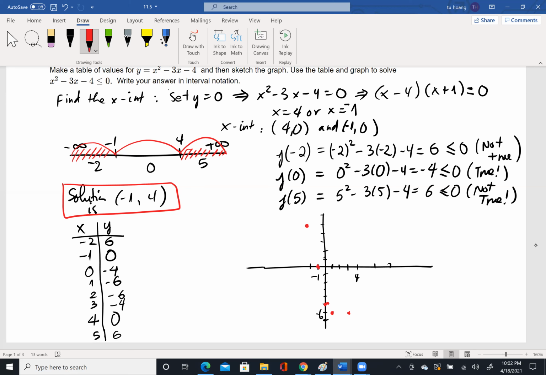The vertex should be somewhere over here, but I can't go ahead and draw it exactly. So it looks like that. Another one here. Not very nice, but let's see.